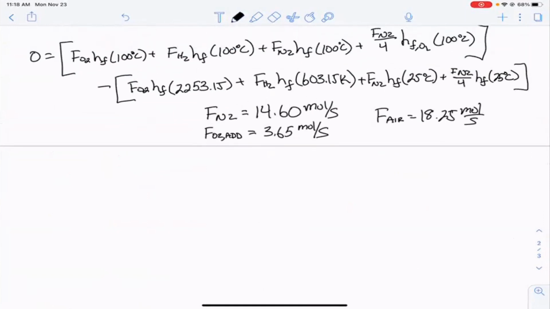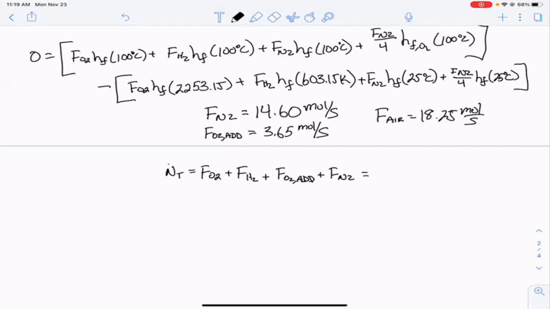So the first thing that I think we should do is that because nitrogen, hydrogen, and oxygen are all going to be treated in exactly the same way, let's actually calculate the total molar flow rate that is entering. And that is the flow rate of oxygen plus the flow rate of hydrogen plus the flow rate of oxygen that we added plus the flow rate of nitrogen, right?